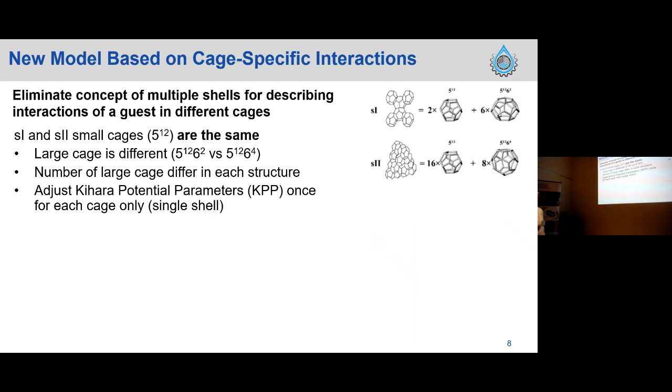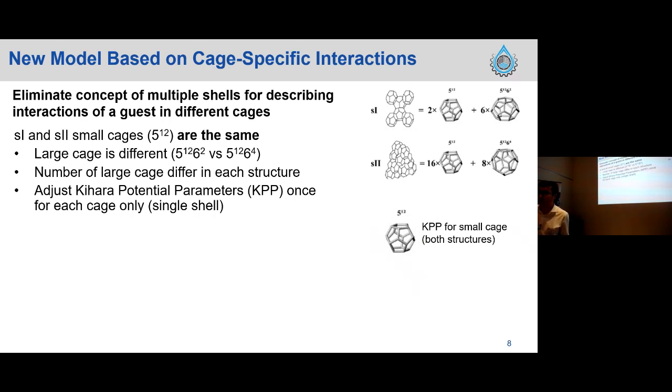So to walk you through it, before we had only one set of Kihara potential parameters that modeled the interactions of the gas in all of these cavity types, but now we're looking at modeling each cage type or cavity type with a separate Kihara potential parameter set. So we consider one Kihara potential parameter for the small cage that's common to both structures.